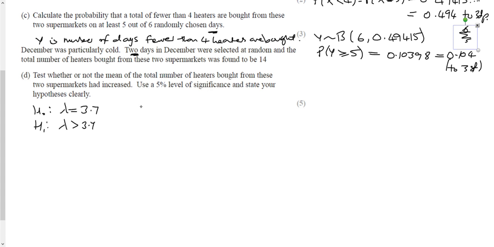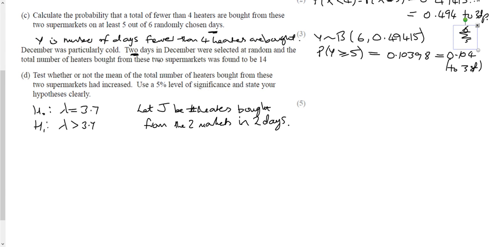Okay, so let's pick another letter, J. It can be the number of heaters bought from the 2 supermarkets in 2 days.